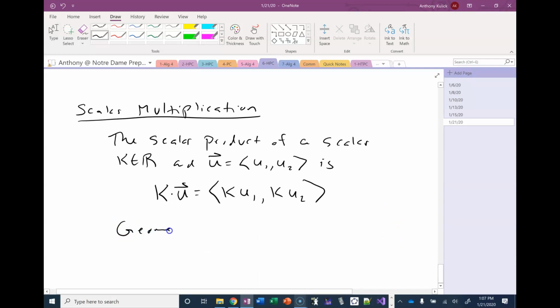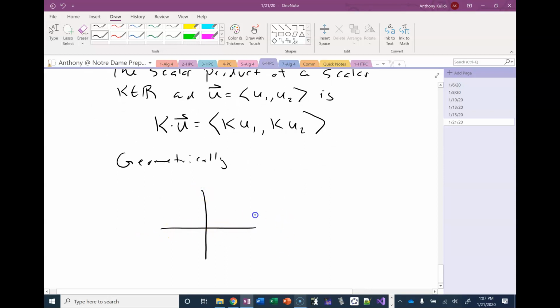So geometrically, what's going on here? This is my vector u. That would be like my vector 3u, where I've just stacked that same vector u on top of itself 3 times.